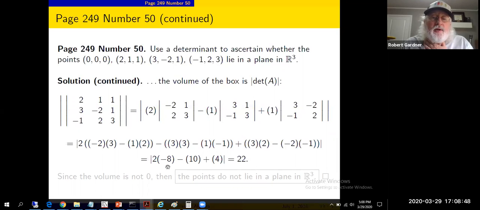What have we got here? Negative 16 minus 10 would be negative 26 plus 4. Yeah, it'd be negative 22, which with the absolute value produces 22. Anyhow, it isn't 0. So the volume's not 0. Those points do not lie in the same plane in R3, or we would have had a box with volume 0.